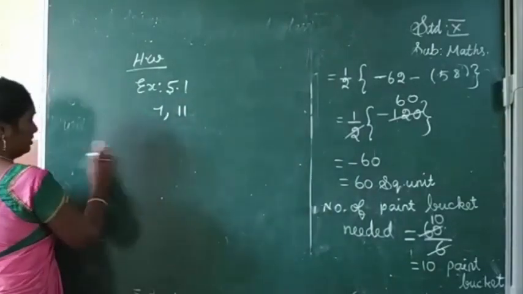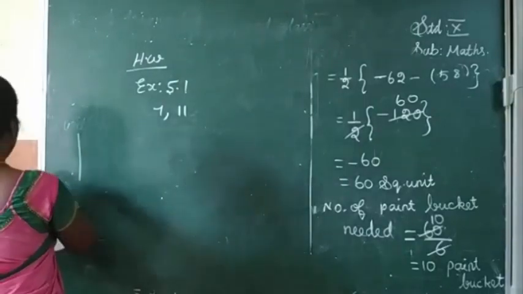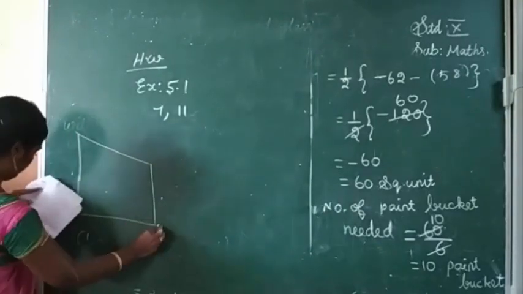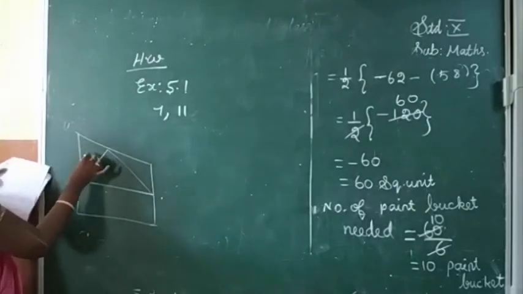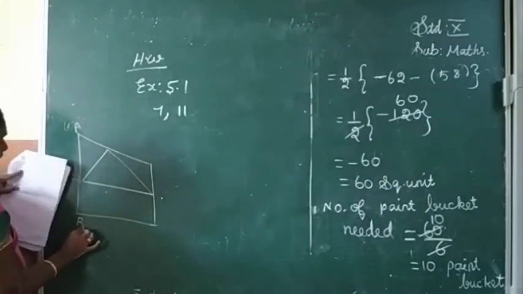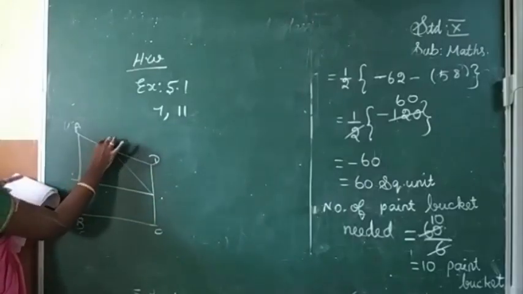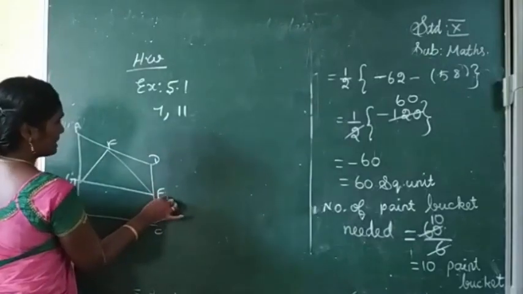See, I will give one clue. Problem number 11 has a diagram that is a quadrilateral. Here inside is one triangle. The quadrilateral has the name A, B, C, D. The smaller triangle name is F, G, E. This diagram is like this.